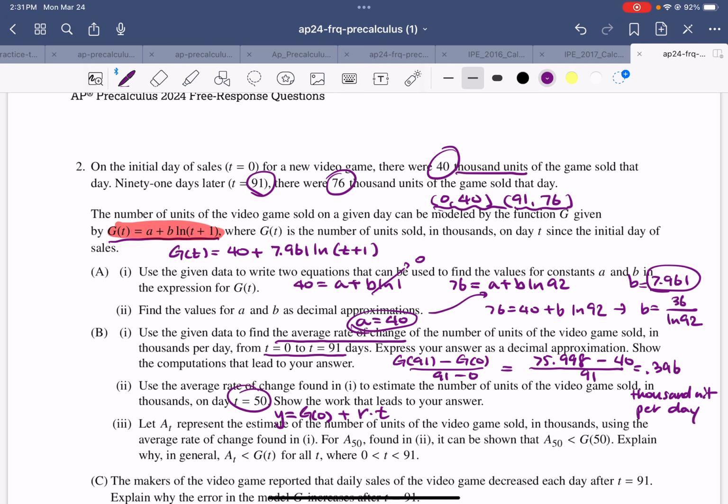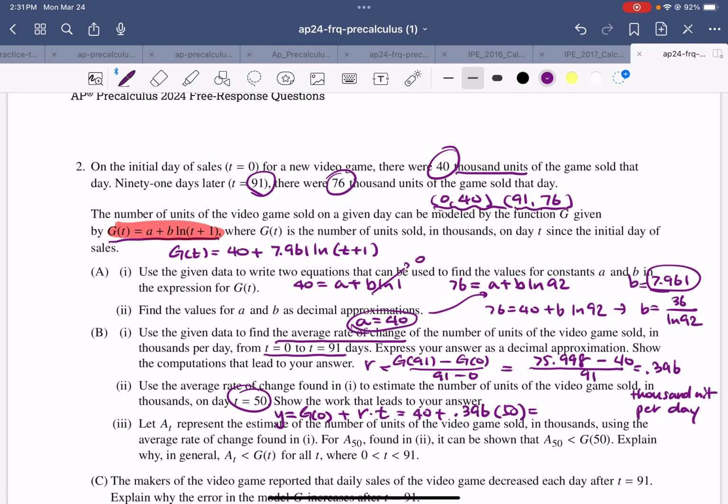What was g of 0? We found g of 0 is 40, and your average rate of change r is 0.396. And how many days? It said t is 50, so 50 days later, how many units sold?